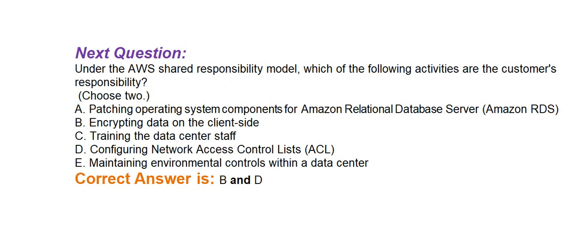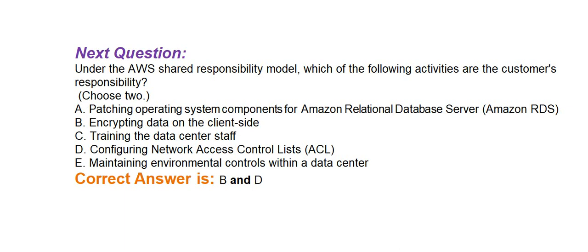Under the AWS shared responsibility model, which of the following activities are the customer's responsibility? Choose any two. Option A. Patching operating system components for Amazon Relational Database Service, Amazon RDS. Option B. Encrypting data on the client side. Option C. Training the data center staff.